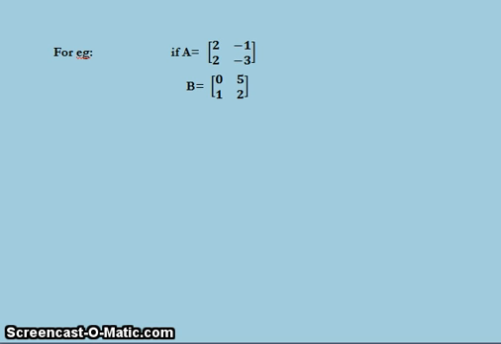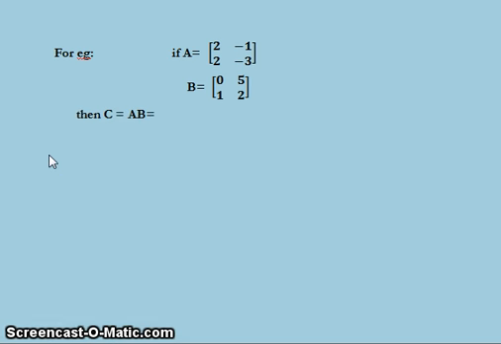The first and foremost thing to be seen is that the two matrices can be multiplied, since the number of columns in A is equal to 2, which must be equal to the number of rows in B, which is equal to 2. Therefore, these two matrices can be multiplied to obtain a matrix C, which is equal to the product of A and B.